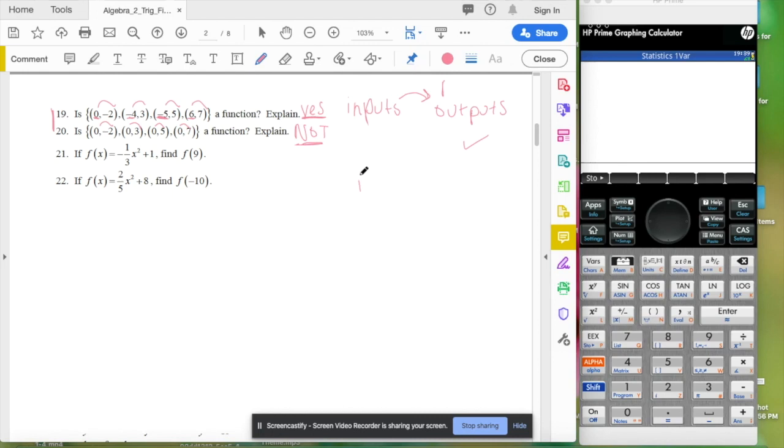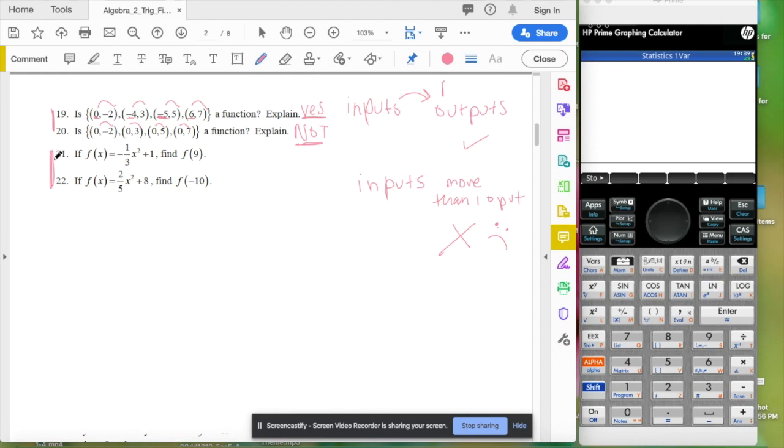If an input has more than one output, it is not a function. Not a function. So that's that.